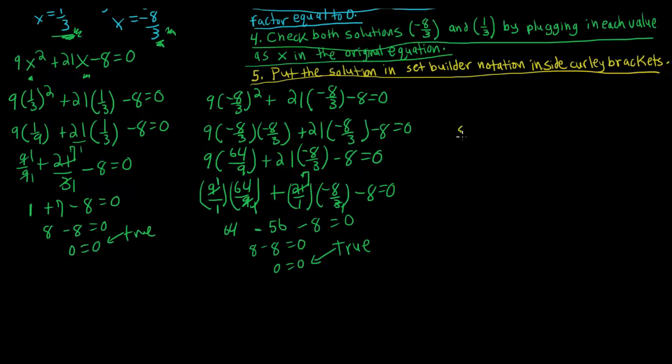So get the curly brackets, you have 1/3, and then your other solution is negative 8/3. And maybe just as a matter of habit, we could put the negative value on the left, so negative 8/3, comma, 1/3, and that's your answer.